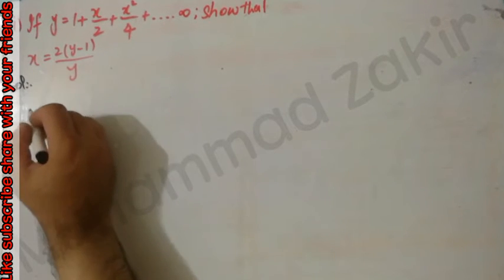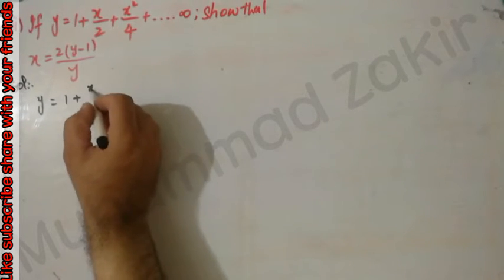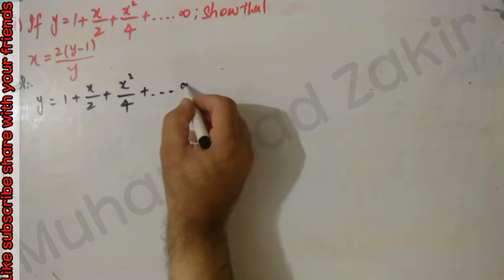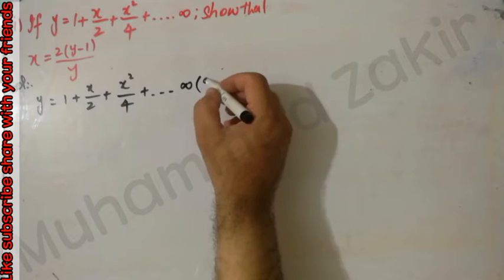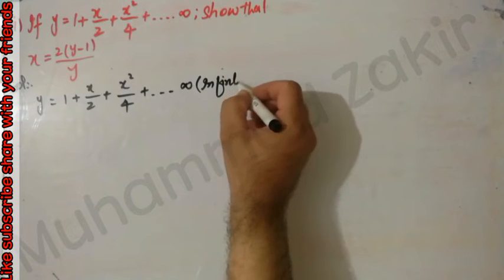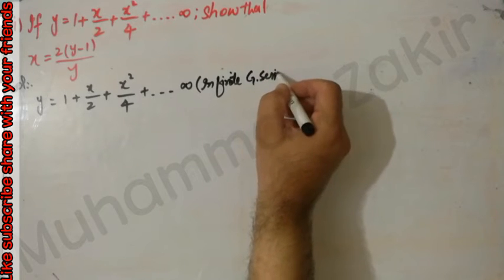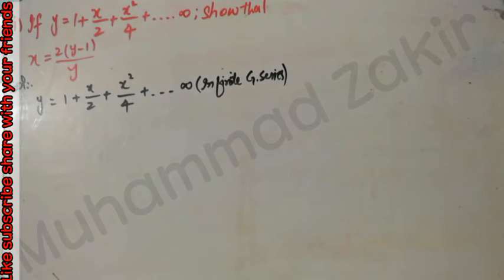Solution begins: y is equal to 1 plus x by 2 plus x square by 4 plus so on to infinity. This we identify as an infinite geometric series.